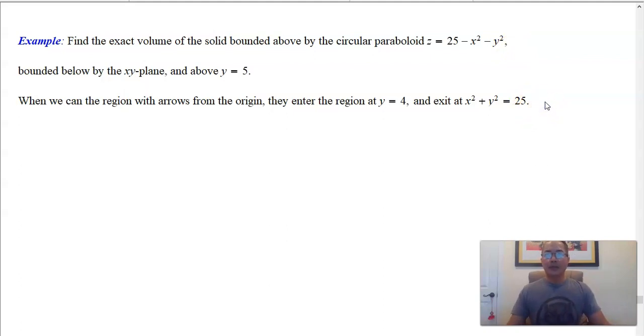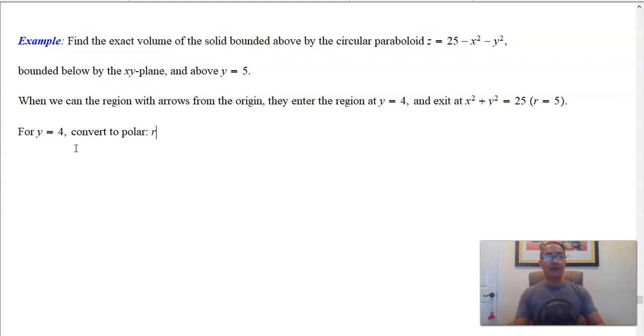Okay, so we already said that this circle is also known as r equals 5. So that is the upper limit of our inner integral with respect to r. The lower limit is this horizontal line, but we need to convert it into polar coordinates. So for y equals 4, we must convert to polar.